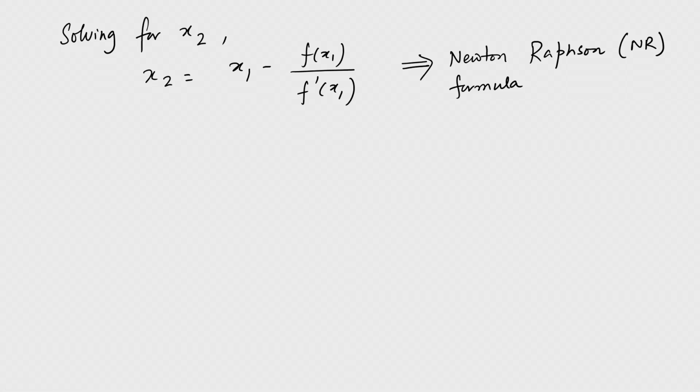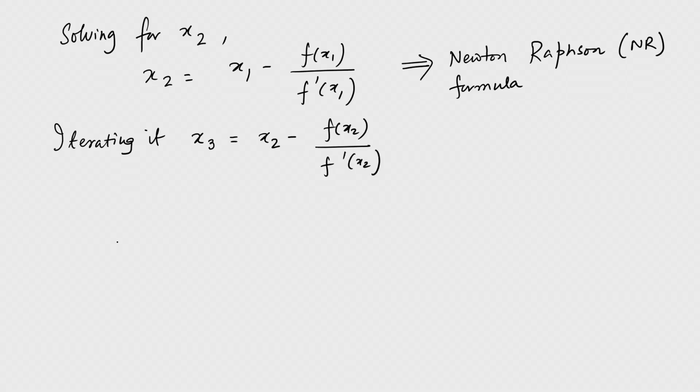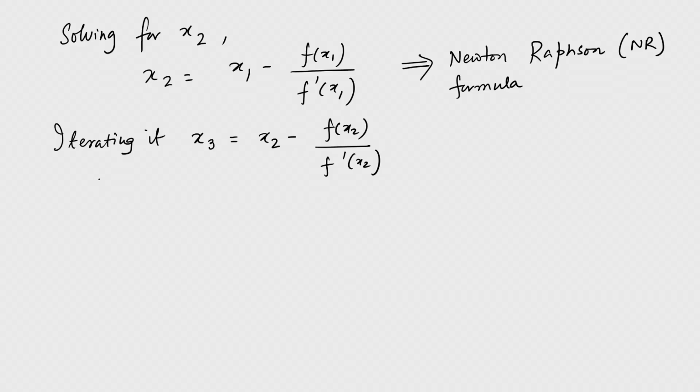So, if you iterate it, x 3 becomes equal to x 2 minus f of x 2 divided by f prime of x 2, and hence you get a new root after every iteration, which is equal to the old root minus the value of the function at that old root point, divided by the slope at that point.